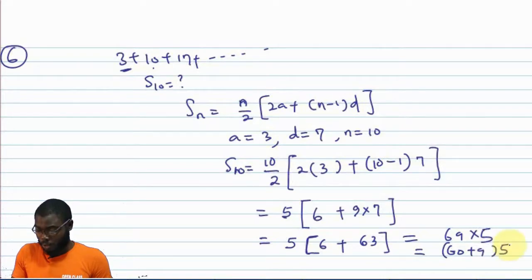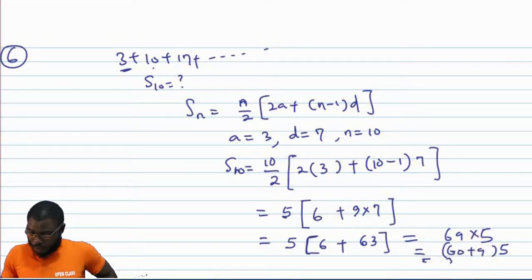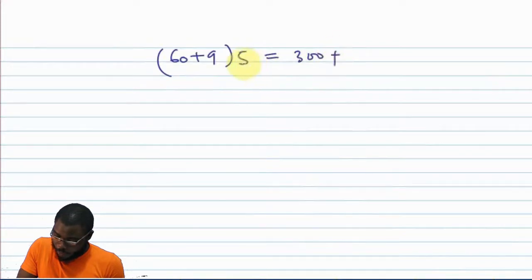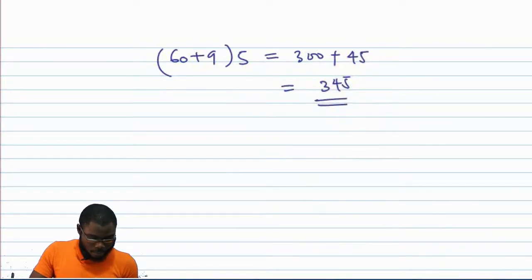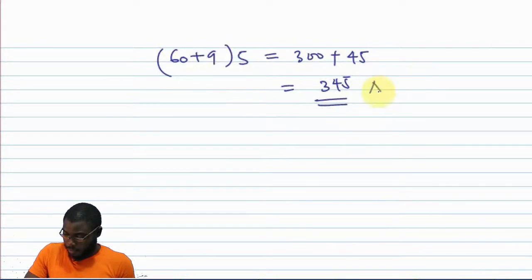So 5 times 60 you have 300, plus 5 times 9, you have 45. So you have 345. So your answer is A, 345.